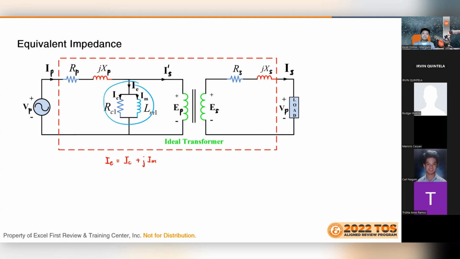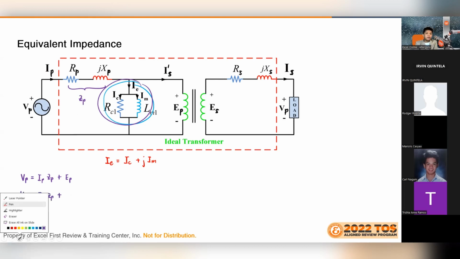Now, with that said, things that we need to remember there regarding the transformer is this. Pag nag-loop tayo dito sa beginning, nag-loop tayo sa may primary, we have VP is equal to IP ZP. Sir, ano yung ZP? Ito yun, isang buong ZP. Tapos ito, dahil maliit masyado yan, yung part na yan, hindi na natin siya isasama. Plus EP. Okay lang po? Now, we have here VP is equal to IP ZP plus. Di ba po, kanina, we are talking about the transformation ratio.